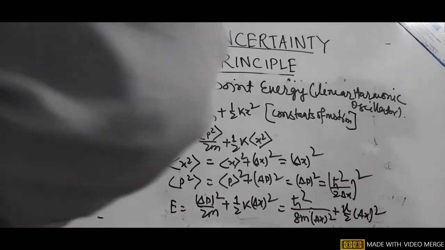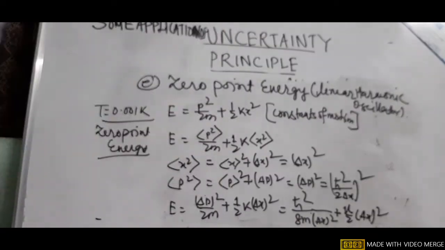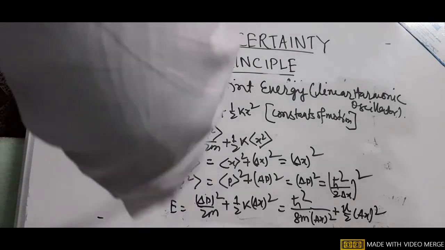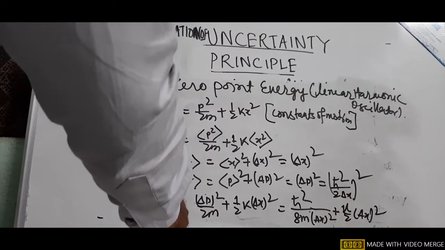Now, in order to find this energy, it has to be in the stable configuration. A stable condition means the first derivative of this energy with respect to del x equals 0.